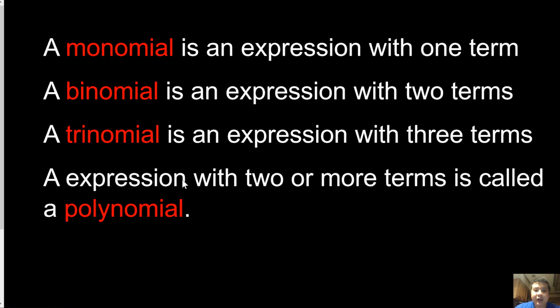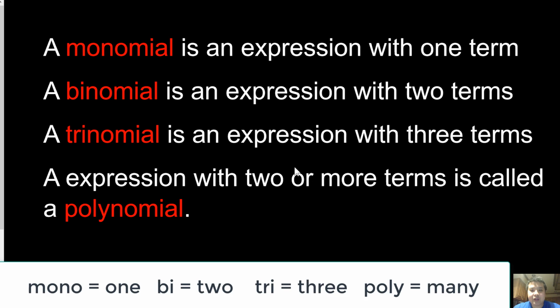So poly means many terms. Anything with two or more terms is called a polynomial. Anything with one term is a monomial, two terms is a binomial, and three terms is a trinomial.